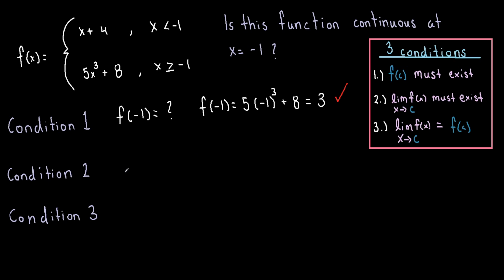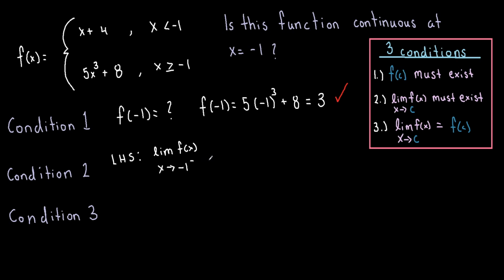Now let's look at the second condition. Like we did in the last problem, in order for a limit to exist, the limit from the left-hand side and the limit from the right-hand side must be equal to each other. So let's solve for the left-hand side limit. So the limit from the left-hand side is going to be the limit of f of x as x approaches -1 from the left-hand side.